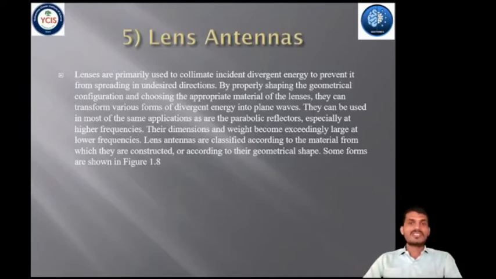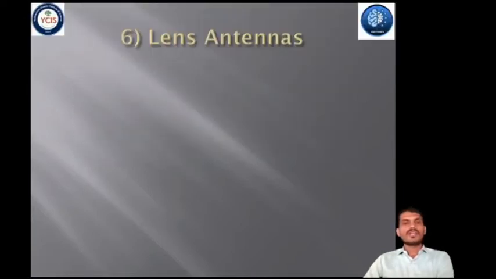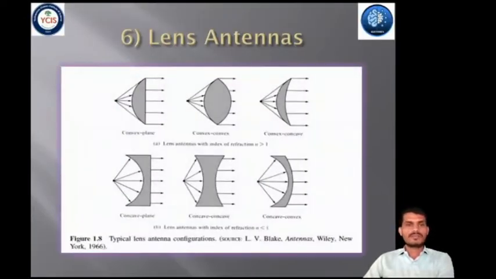Their dimensions and weight become exceedingly large at the lower frequencies. Lenses are classified according to the material from which they are constructed, and according to their geometrical shape. Some forms of the lens antennas are shown in that particular figure.